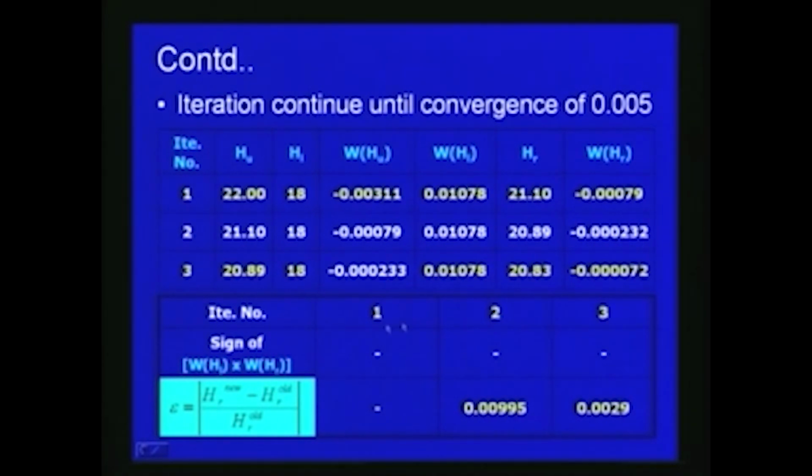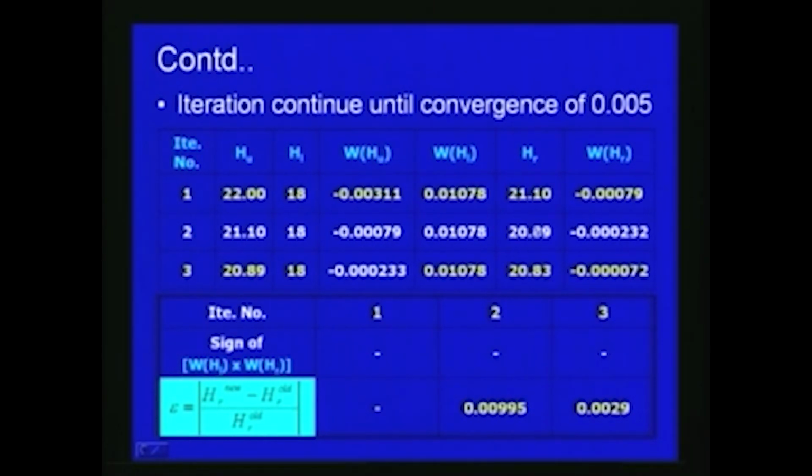Again the sign will be minus as shown, and if you find the epsilon, the modulus of HR new minus HR old by HR old, we will get 0.00995. So now we have improved the solution to 20.89, but our expected convergence is 0.005, so we have to continue one more iteration.